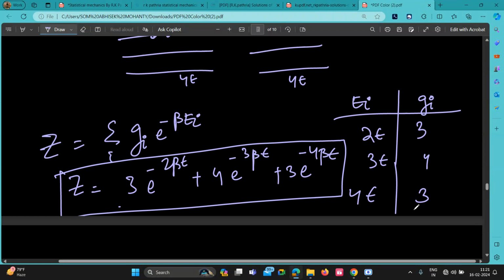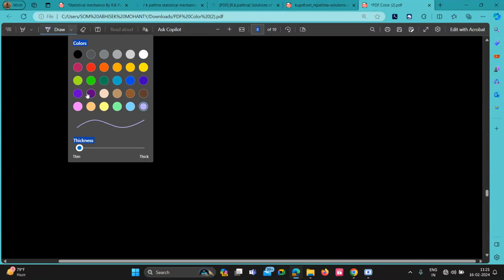Okay, next give a heading for approach for classical particles.